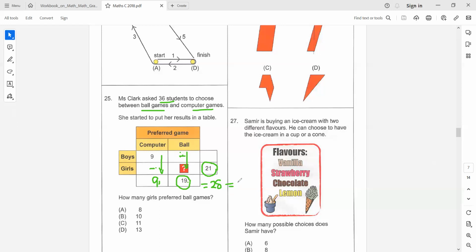But we have 36, right? 8 left. Is that girls 8? I chose it too, but I got that wrong. No, in the computer, computer girls 8. Oh, yeah.